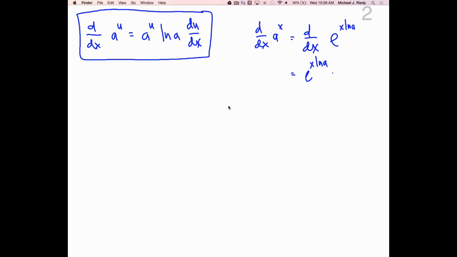What's the derivative of that thing? You're overthinking this. It's the same thing. Natural log of a. Thank you. Natural log of a. Why, Emma? Because the derivative of it is just the same.